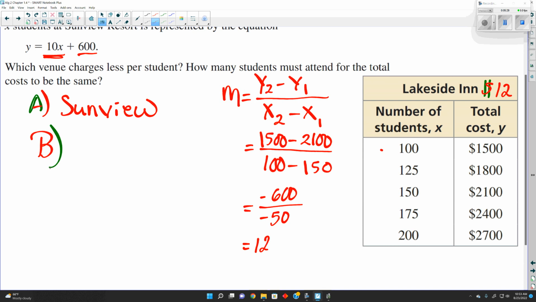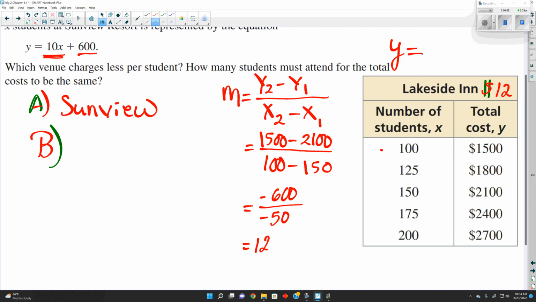Now the second part is asking how many students must attend for the total cost to be the same. We could go through and try to plug numbers into both to see where they come out the same, yes? But if I had the equation for Lakeside Inn, in the form y equals mx plus b, we're looking for where the y values are the same, so I could set the equations equal to each other.